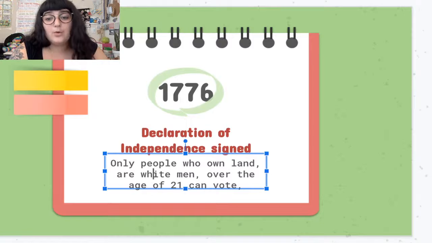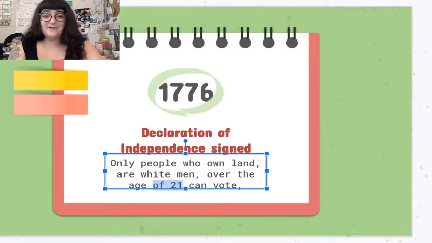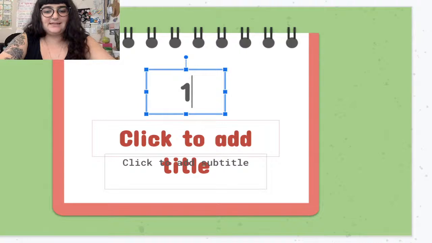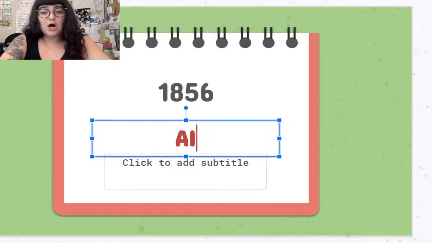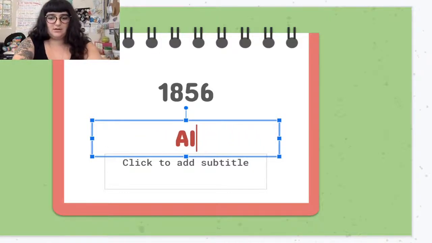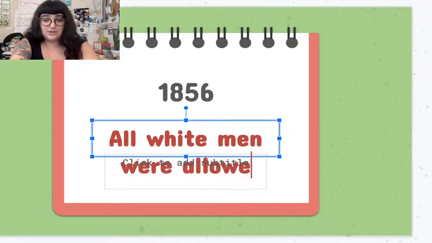Only people who owned private property, who were white, who were male, and who were over the age of 21. I know this might sound shocking, but it wasn't until 1856, and I'm going to squeeze in another slide here, that all white men were allowed to vote.